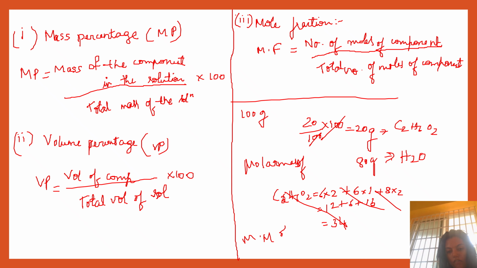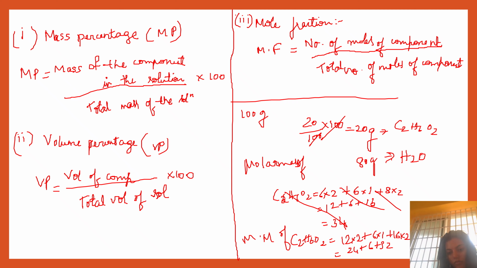Molar mass of C2H6O2 is equal to 12 into 2 plus 6 into 1 plus 16 into 2, that is 24 plus 6 plus 32, which is 62 gram per mole.